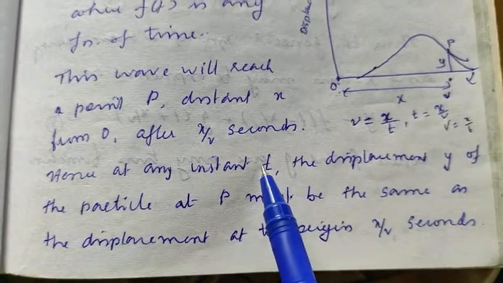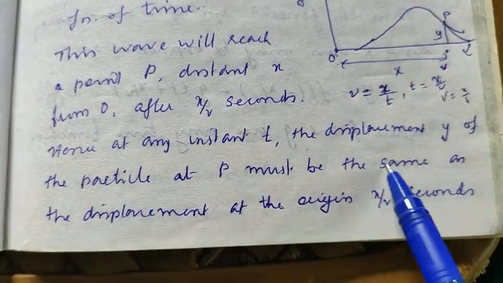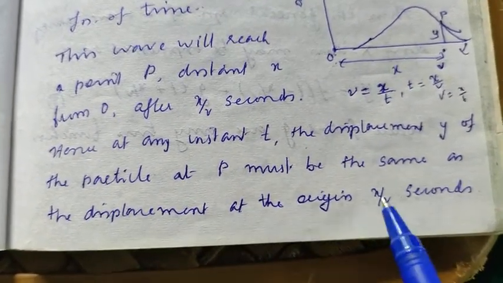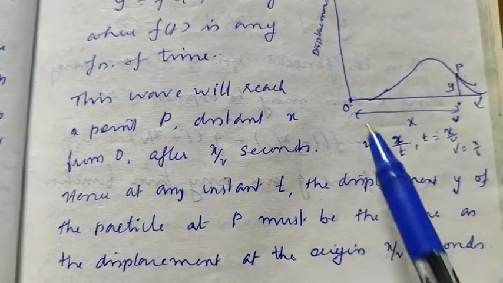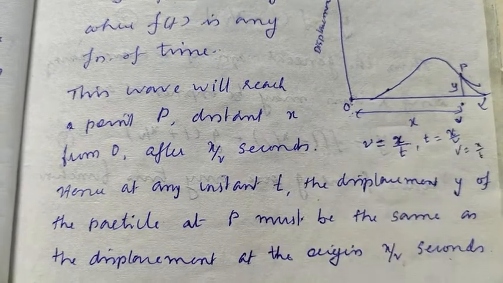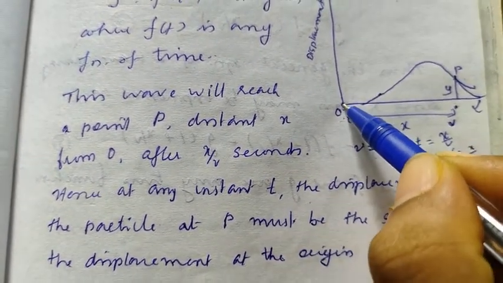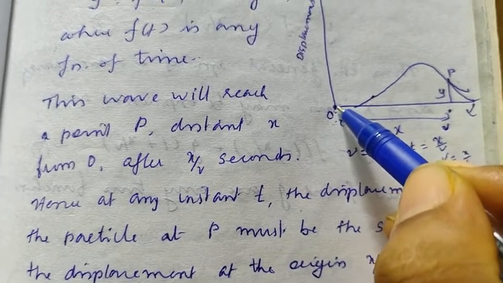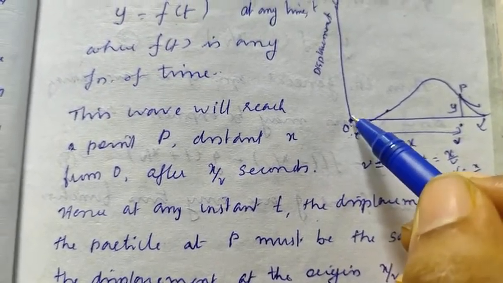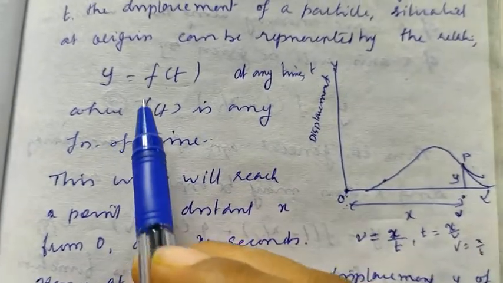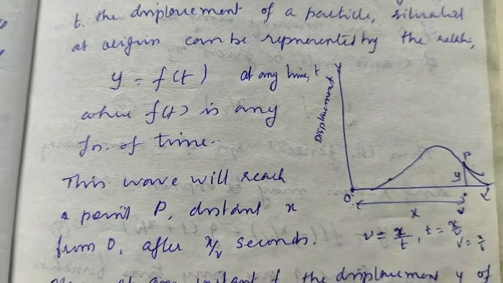Hence at any instant t, the displacement y of the particle at P must be the same as the displacement at the origin x by v seconds earlier, when produced at the source origin. I can explain it like this. A wave is started from here at a time, and its displacement we have expressed at any time as y equal to f of t.